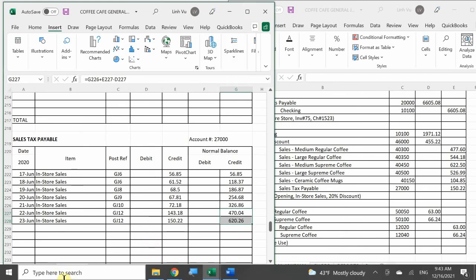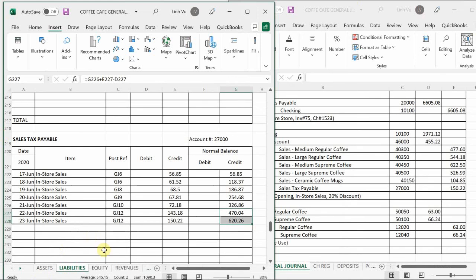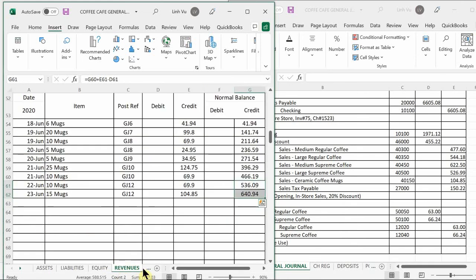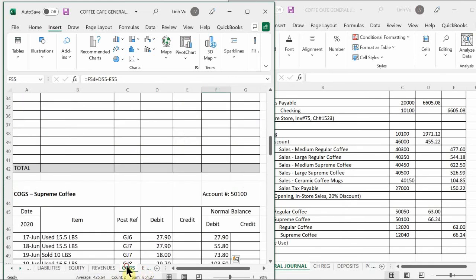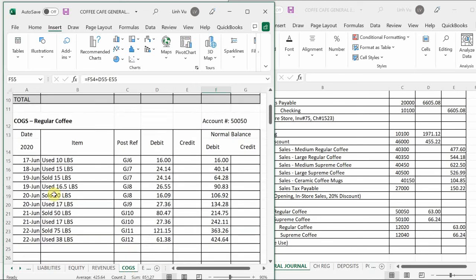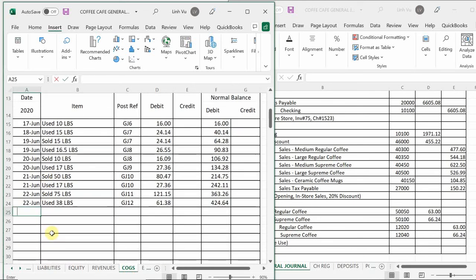Okay, so in this case, we got the cost of goods sold for the regular coffee. We used 39 pounds, which gave us $63 even.